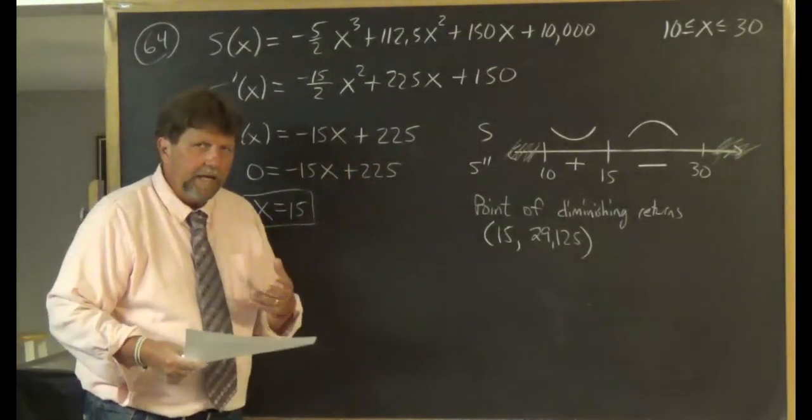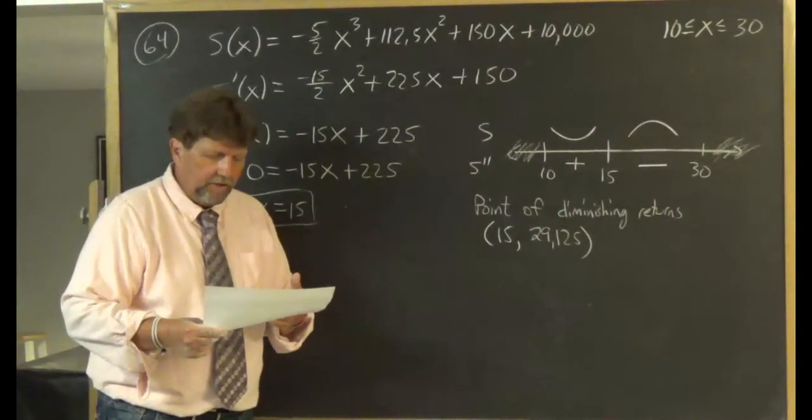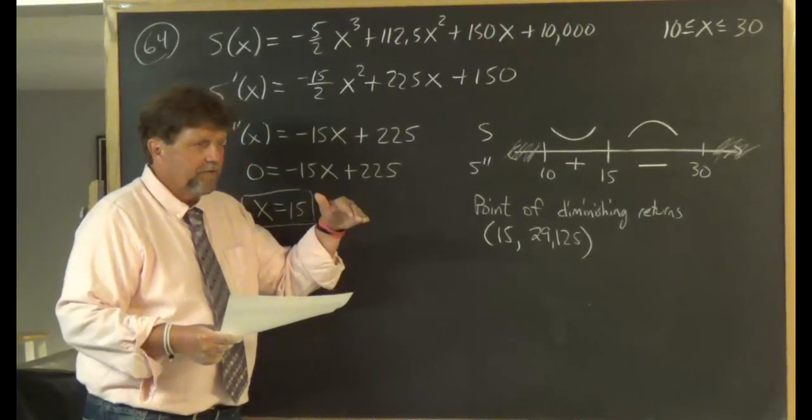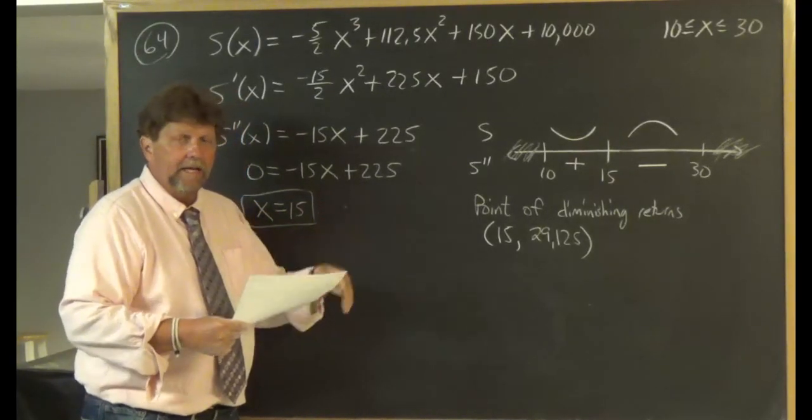So what does this mean? What is the point of diminishing returns? It's an inflection point. The graph changes from concave up to concave down.